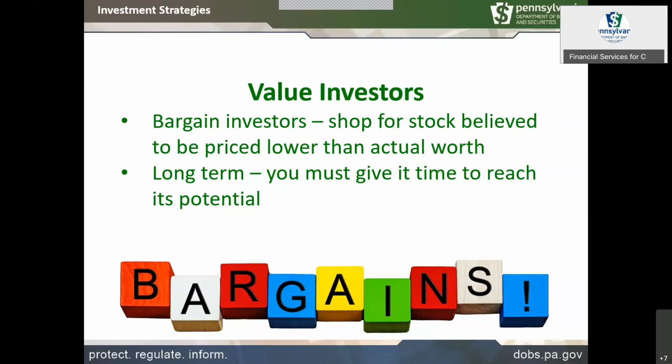So it's kind of like buying a dress on a 50% discount. But you have to keep in mind that with value investing, this has to be long term. You have to be able to give that investment the time it needs to reach its full potential.